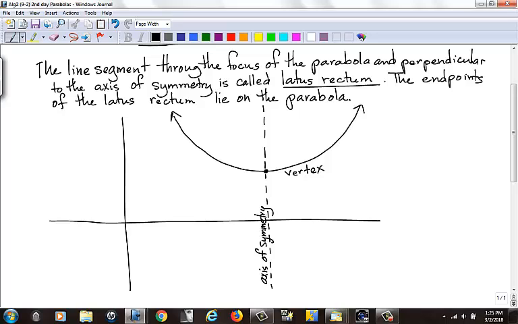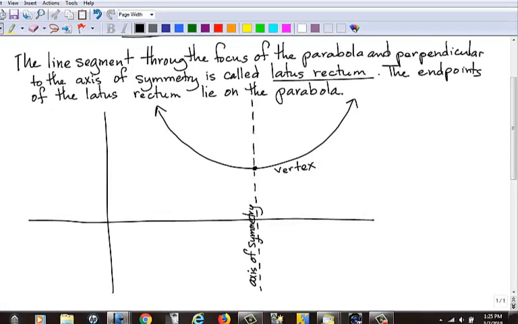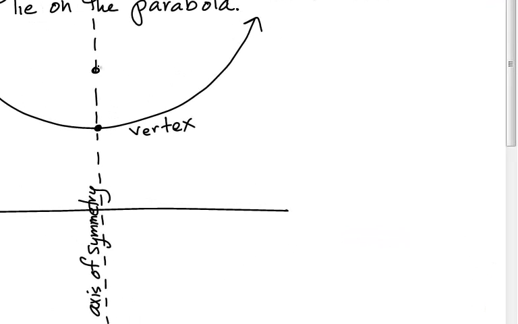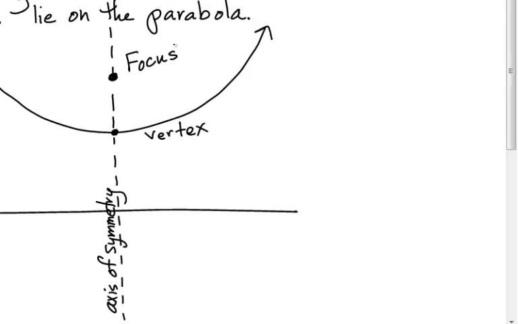The focus point lies on the interior. So it's, say, somewhere in here. That is the focus point, and a parabola is only going to have one focus. The directrix is equidistant from the focus to the vertex and vertex to the directrix.